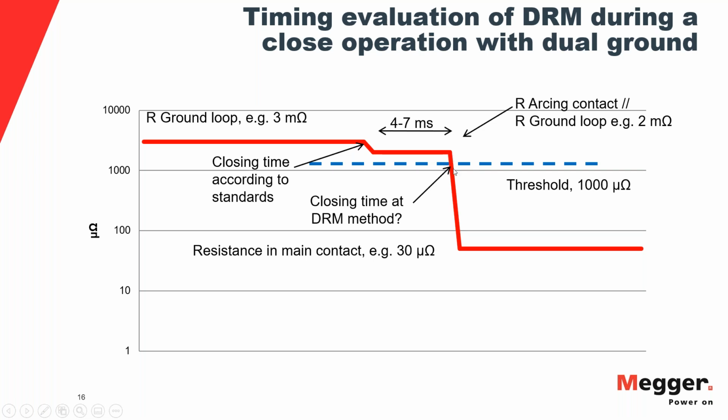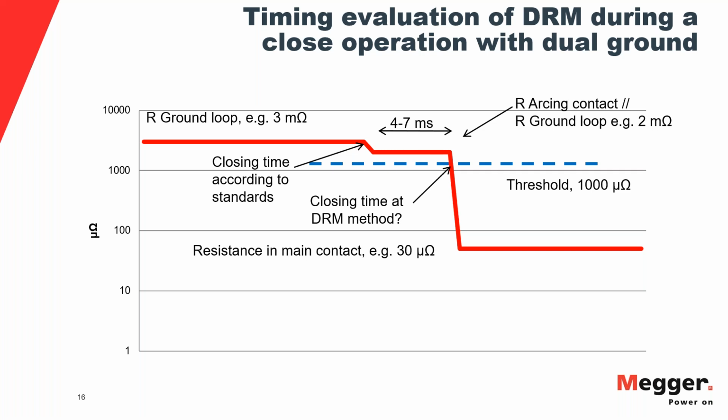And that is why it's more difficult to get accurate results with the DRM method. If you use that, you will find that on some objects you will have variation of the timing.